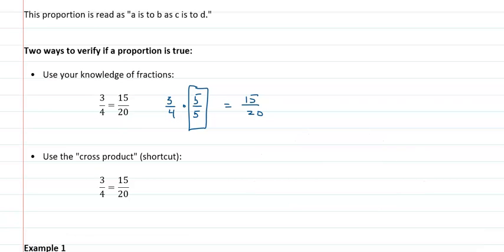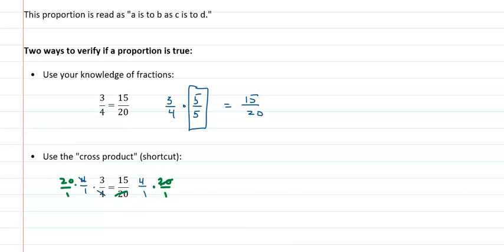This is just what we've been doing all along with fractions, and that is that if you take both sides times 4 over 1, then the 4 is going to cancel out. And then if you multiply both sides by 20 over 1, then on the right side, the 20 divides out.